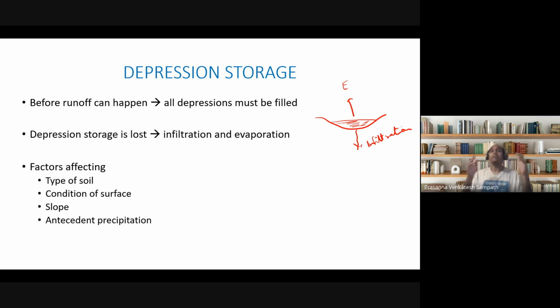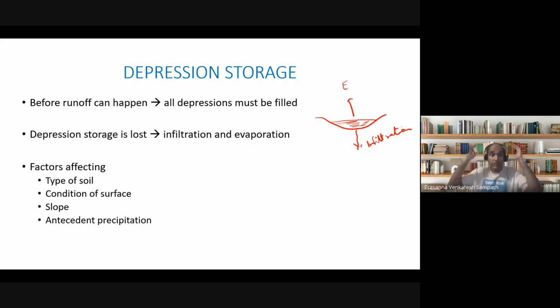If I received 5 centimeters of rainfall yesterday, and today I receive another 1 centimeter, will today's rainfall add anything to depression storage? Yesterday's rainfall will already have filled the depressions, so today's rainfall will not add anything, because between yesterday and today there's not enough time for evaporation or a lot of infiltration to happen.